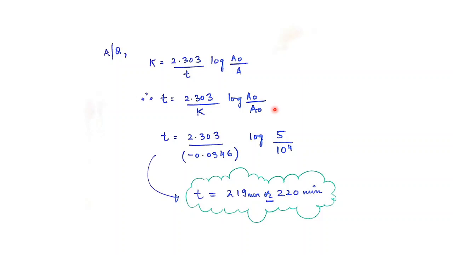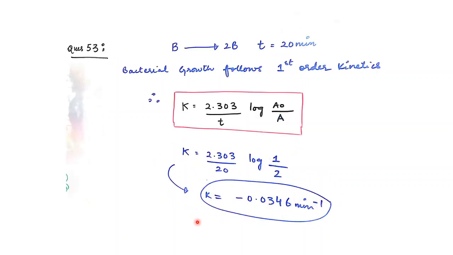The final concentration of the bacterial colony we assume as 10 raised to the power 4, because we have to find the time for this conversion. So the initial concentration would be 5 per cubic centimeter, and the final concentration would be 10 raised to the power 4 per cubic centimeter. We substitute these values, and we have calculated the rate constant.